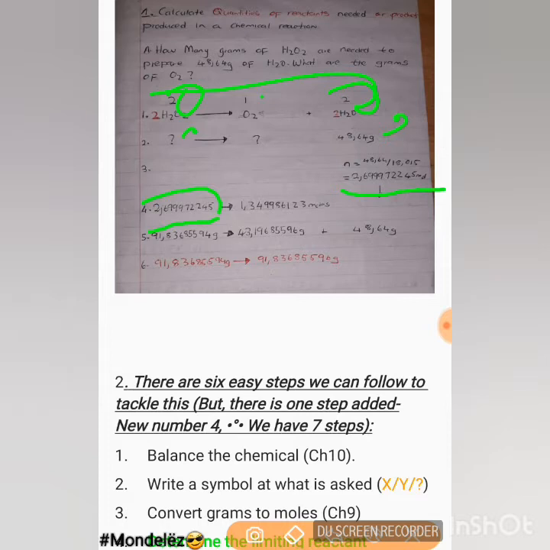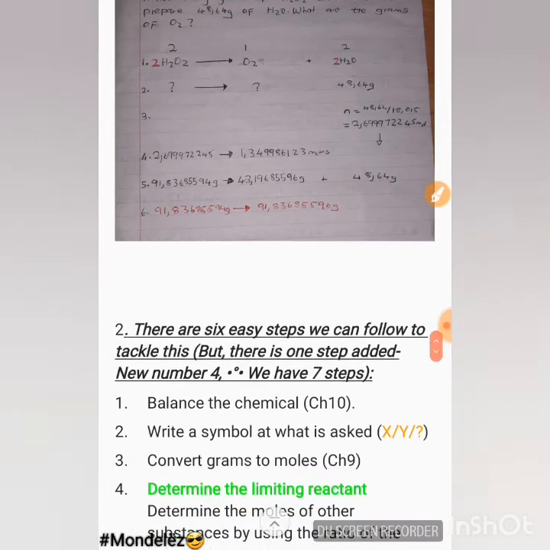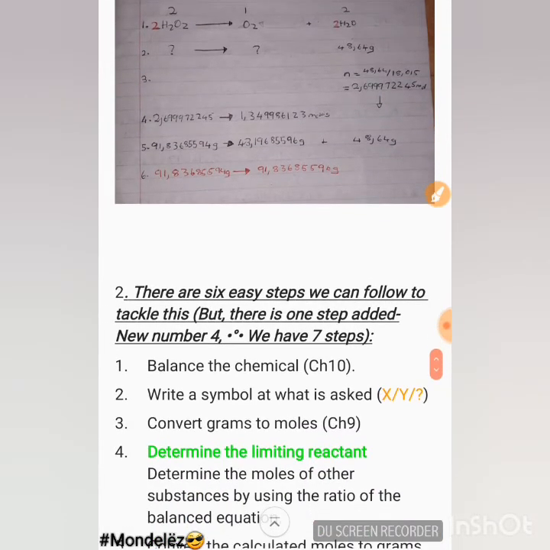And then the ratio is 2:1:2. Therefore for oxygen you're going to divide that, so it's going to be half of that, and then it will be 1.349986123 moles.